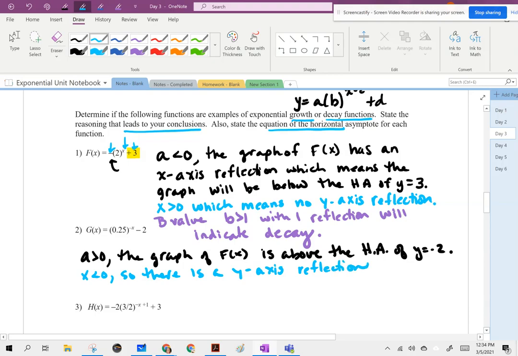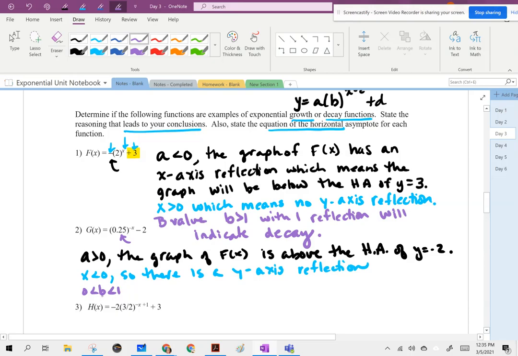Now we're going to talk about the b value. 0 is less than b is less than 1. So remember, normally that would indicate decay. But there's one reflection. So that means we're going to end up having growth.